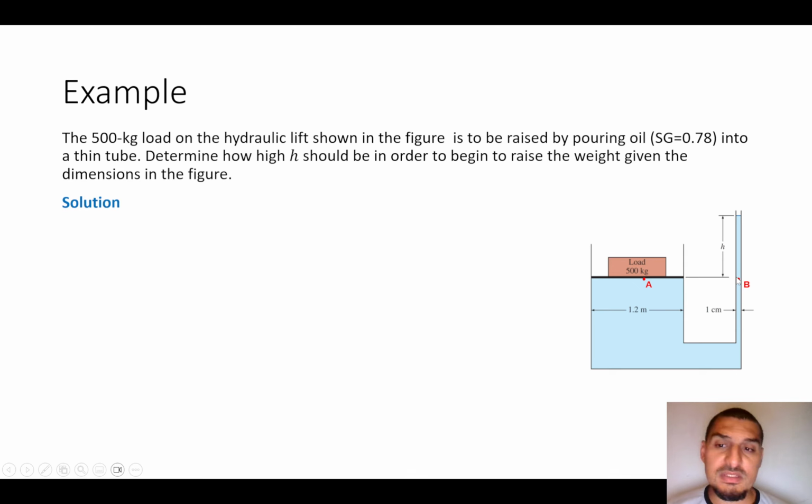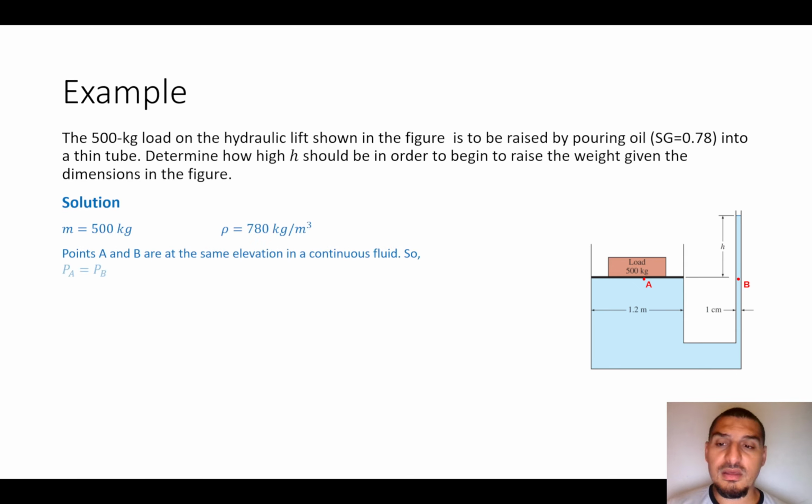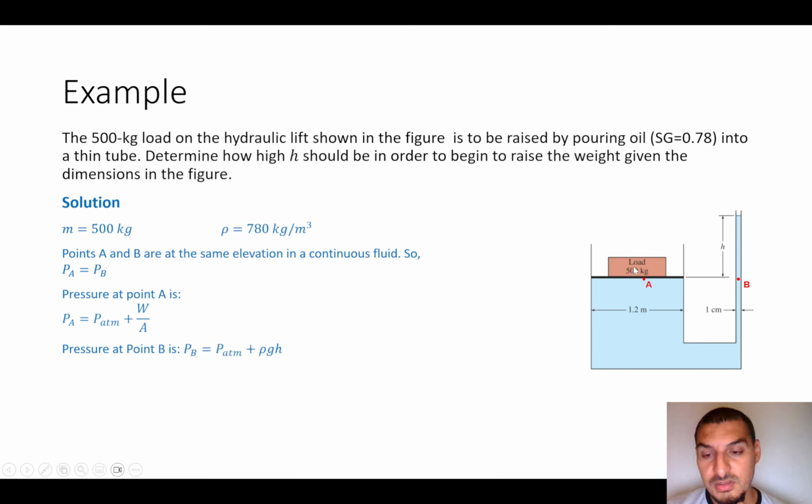Okay, so it's simple. We can set the pressures at point A and point B equal to each other because they are at the same elevation in the same connected fluid. The pressure at point A is the atmospheric pressure plus the weight over area, which is mg over area, and the pressure at point B is the atmospheric pressure plus rho gh.